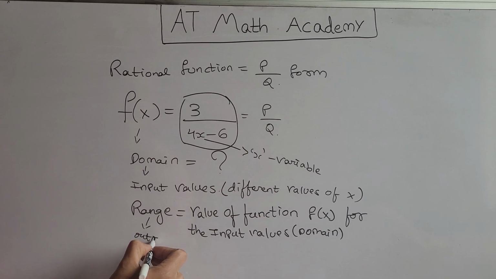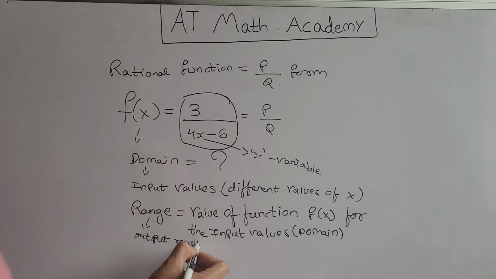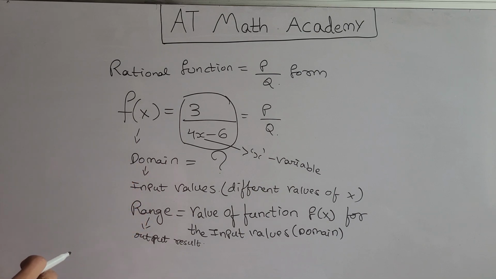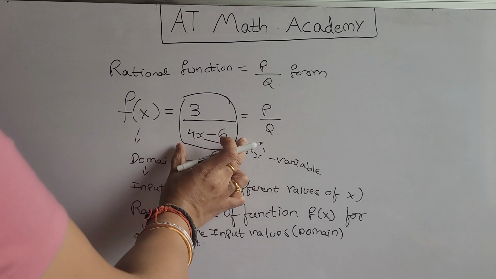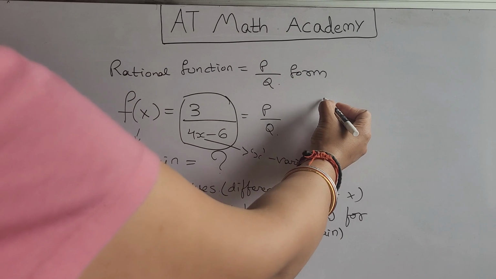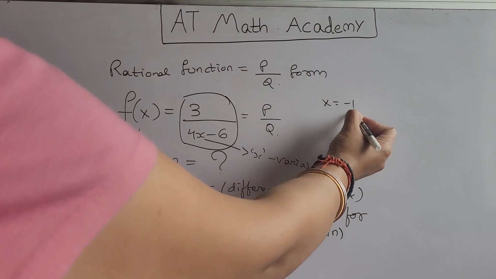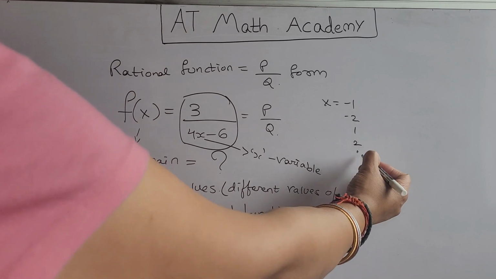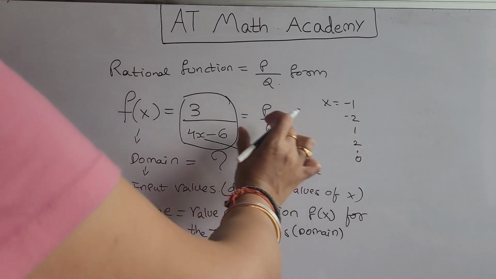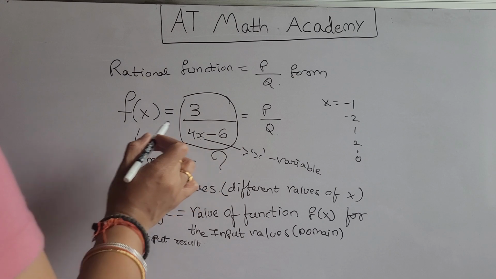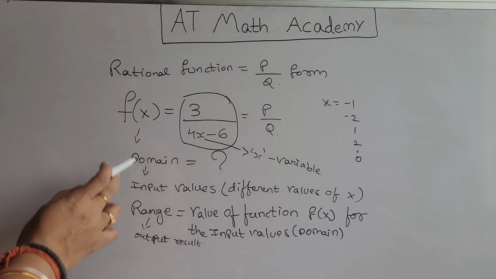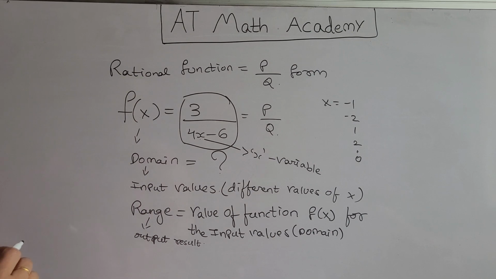So this is the output result. So for this particular function, we are going to find out the domain value. So we can take x equal to any value like -1, -2, 1, 2, and fractional values, 0, and any value of x can be substituted here in this function, and we can get the value of range for this function f of x.